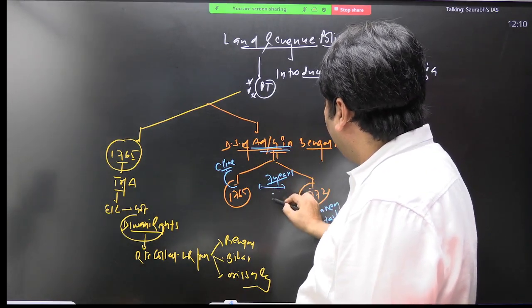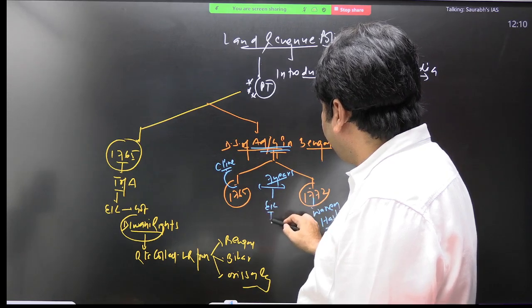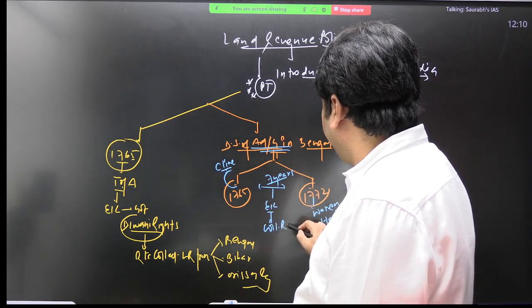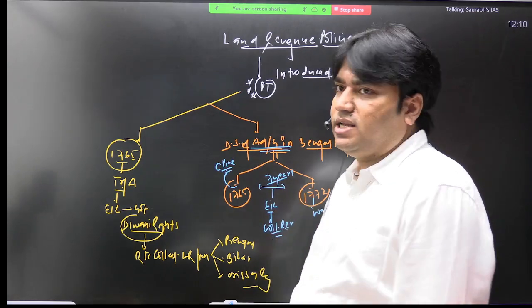Dual system of administration means here, who is collecting revenue? The EIC is collecting revenue. Who is collecting revenue?